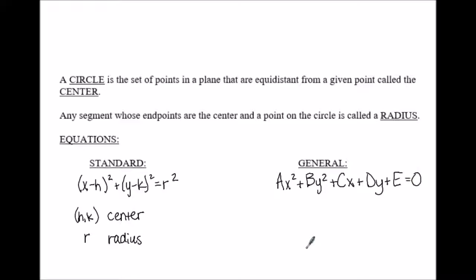And you would know that this is a circle if a and b are the same number but not 0. So the general equation is a little less user-friendly, but you do need to be familiar with both forms of the equation. So let's take a look at a few examples.